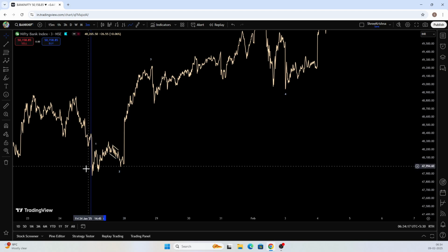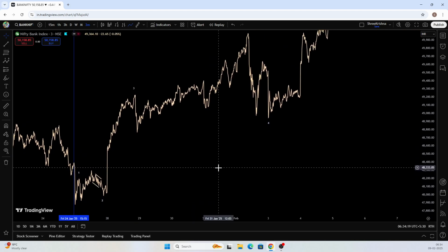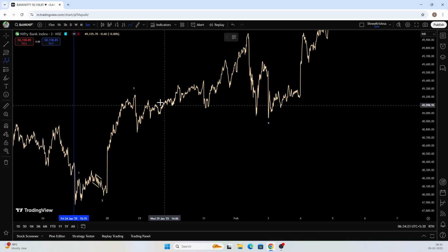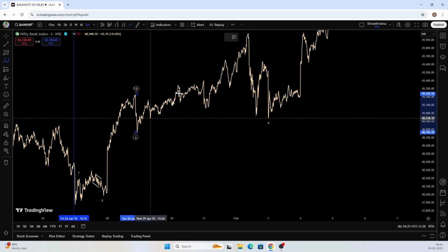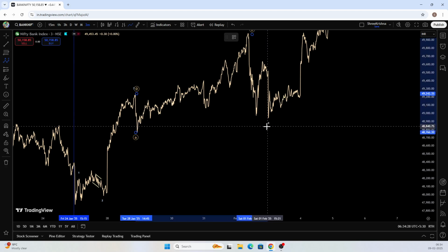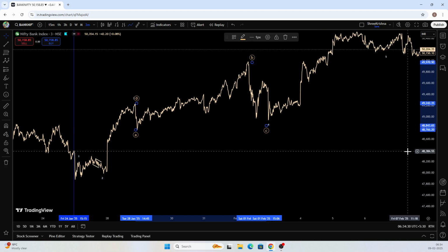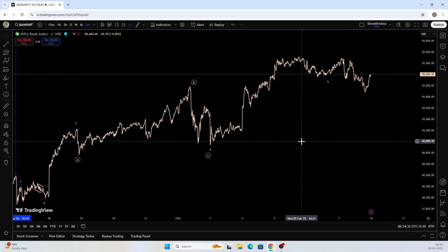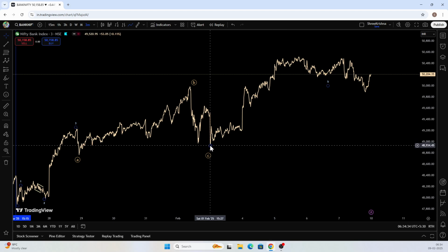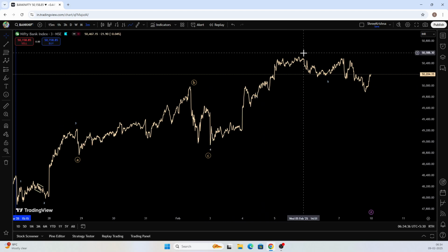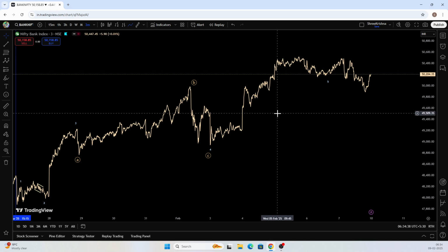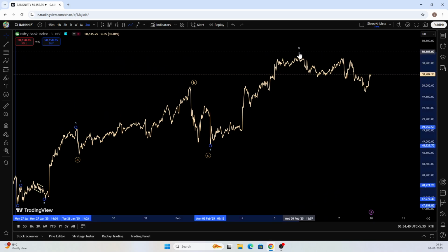Whenever you complete some particular structure, it will create an added structure in it. So this becomes A, this becomes B, and this becomes C. And then it completes its 5 wave here. So this is the end of the 5th wave.